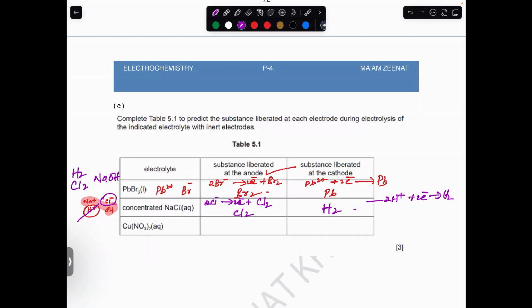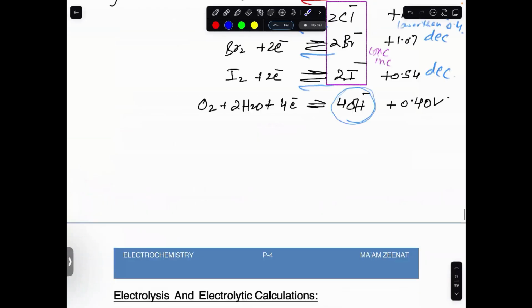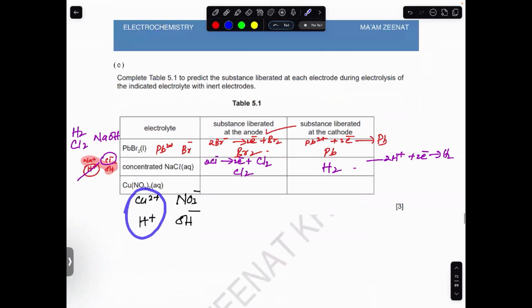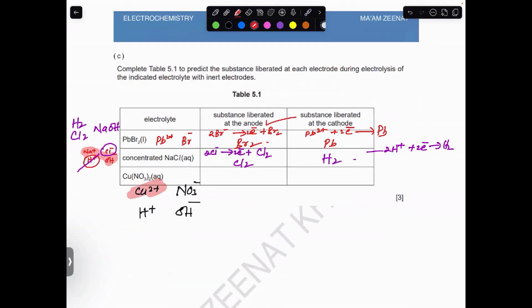Now coming here, copper nitrate. It's copper, nitrate, H plus and OH. Among copper and H plus, which one? Copper. So copper is going to gain electron.